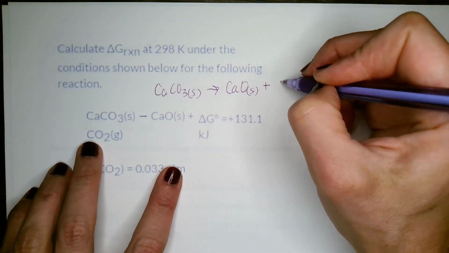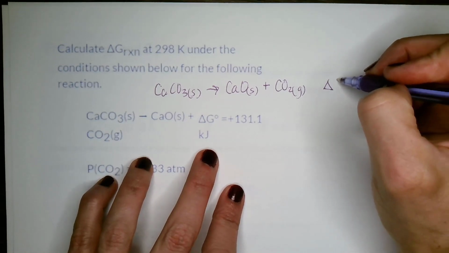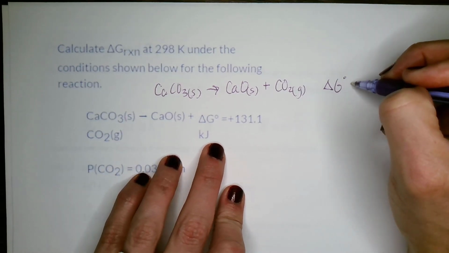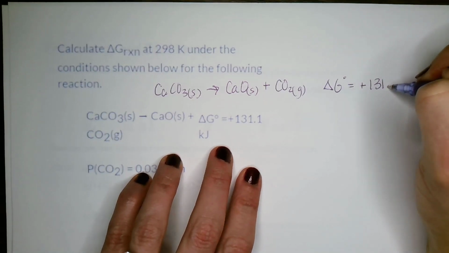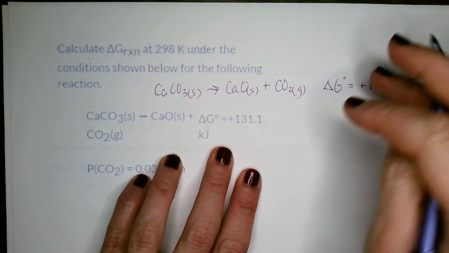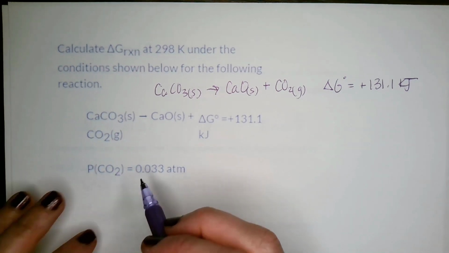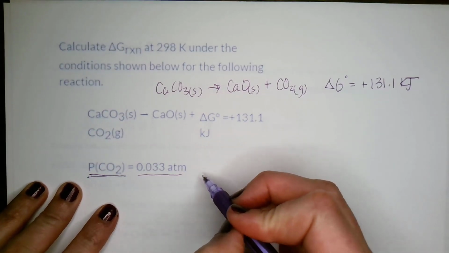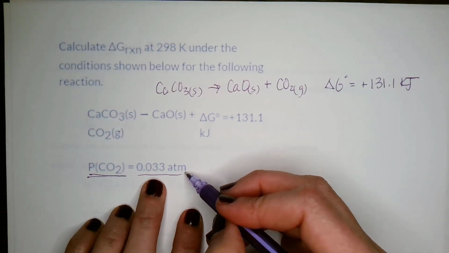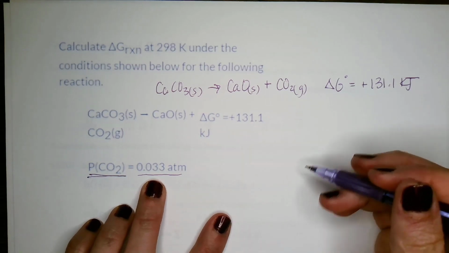Decomposes to form calcium oxide, solid, plus CO2, gas. Then we have a delta G naught, so it gives us free energy. A standard state is positive 131.1 kilojoules. Okay, so notice that down here, we're given the pressure of CO2 is not at 1.